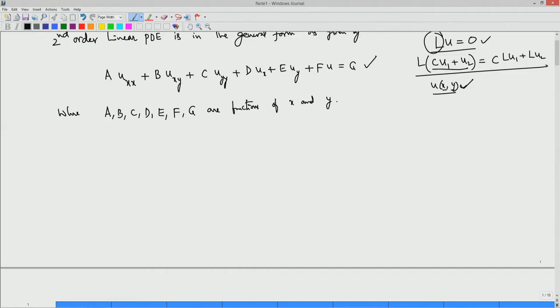The motivation comes from quadratic equations. If you consider a quadratic equation, what is it? A x square plus b x y plus c y square equal to 0.